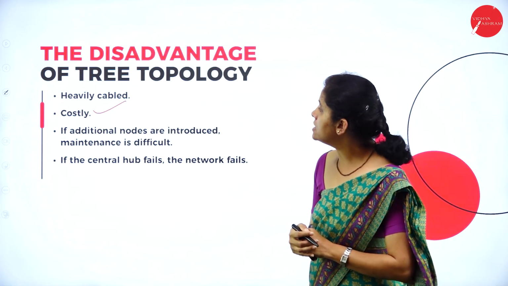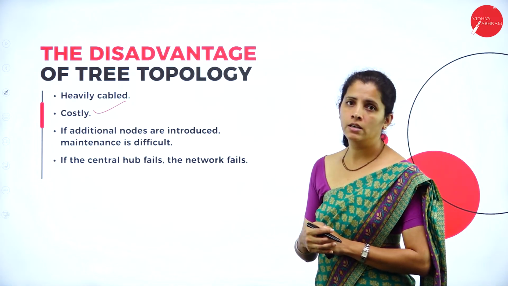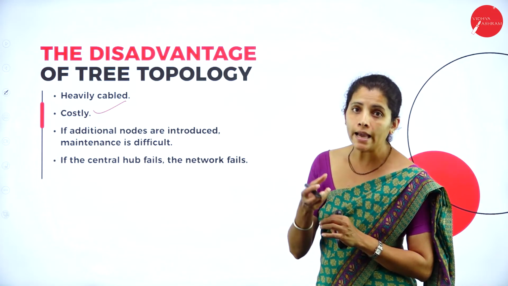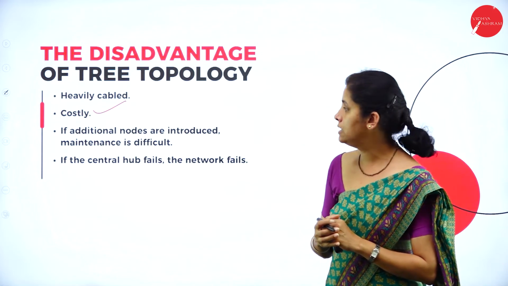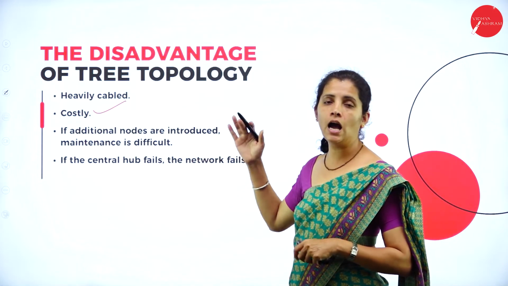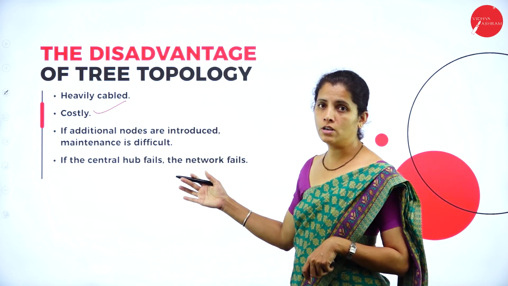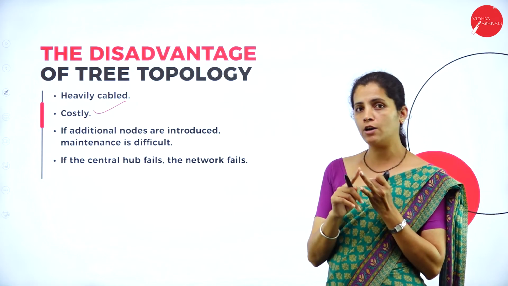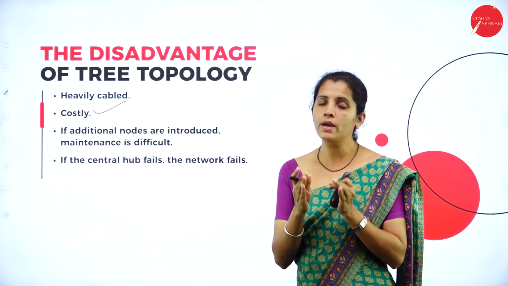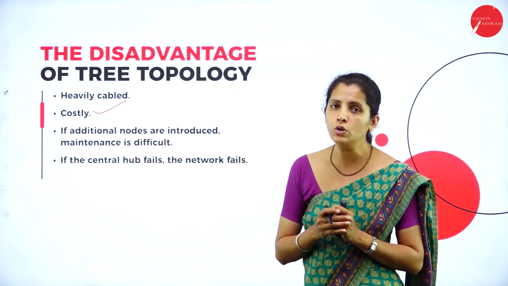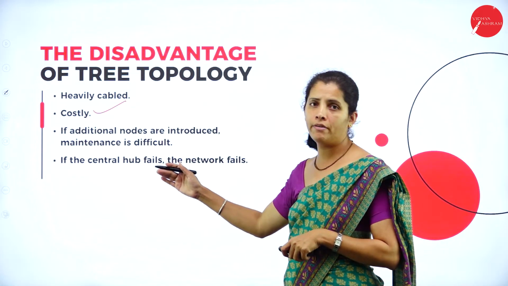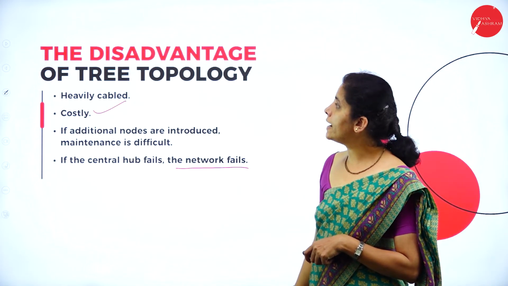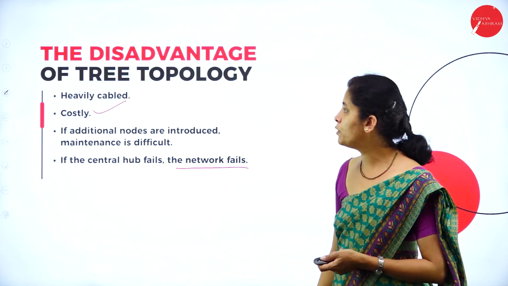If additional nodes are introduced, in the sense, if we are going to expand the tree topology, then maintenance is very difficult. If the central hub fails, because in tree we have bus topology and star topology, in star topology we have a central device called a node, and if the node fails, then the entire network fails. These are the disadvantages of tree topology.